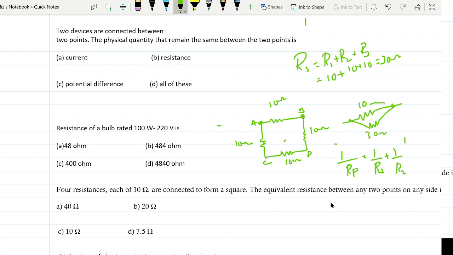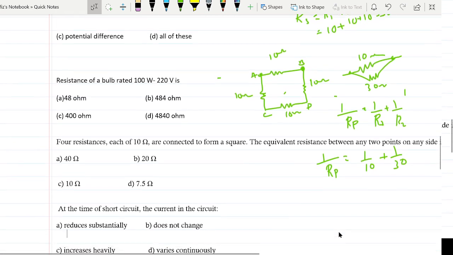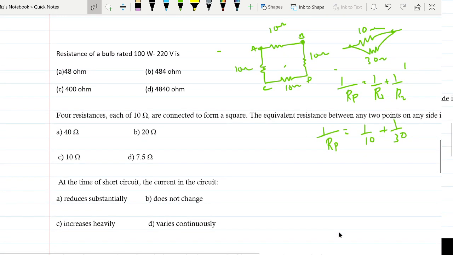So now use the parallel combination of resistors, 1 by R1 plus 1 by R2. Then you can write 1 by Rp is equal to 1 by 10 plus 1 by 30. Yes, and further you can write, LCM you take, that is 30.